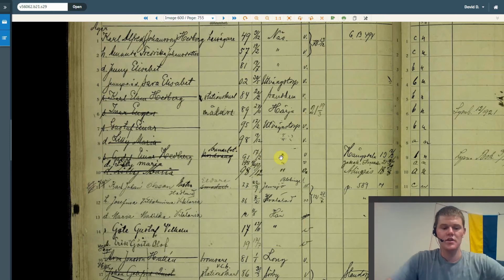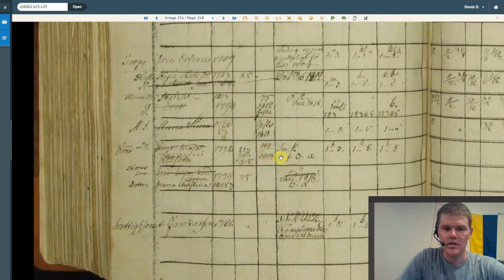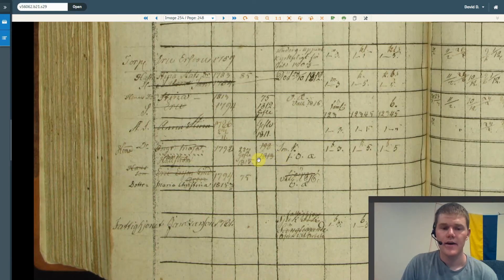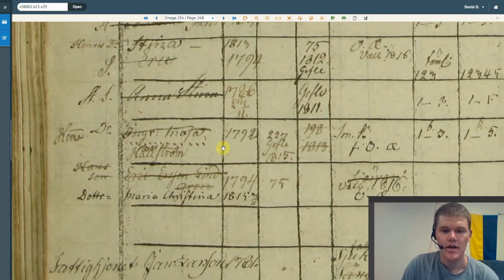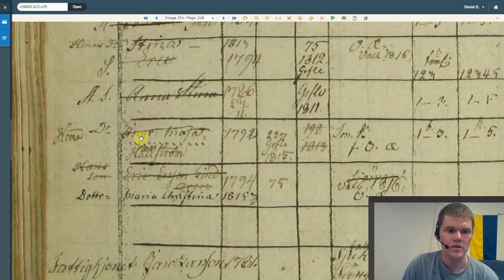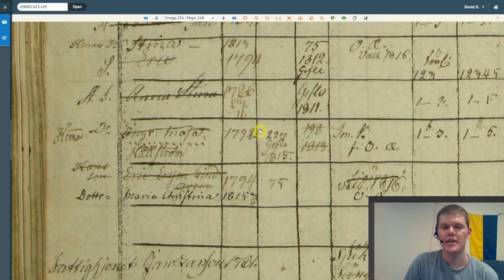It's not two different people. It's the same person. Another example of this same thing is right here with this person right here. And so here she is right here, Ingrid Maya, I think. And she's born in 1792. And in this case, what happens is instead of writing her in twice on the same page, they just wrote the information in on the same line.